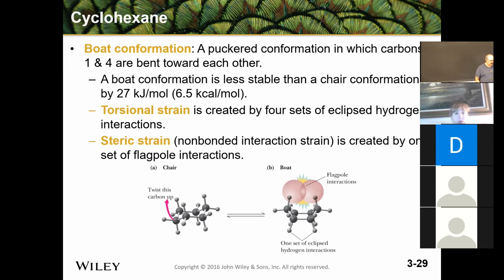In the boat conformation of cyclohexane, you also have what is called steric strain between these flagpole hydrogens. They're not bonded to each other, they're remote from each other, but in three-dimensional space, they're close enough where repulsion occurs.